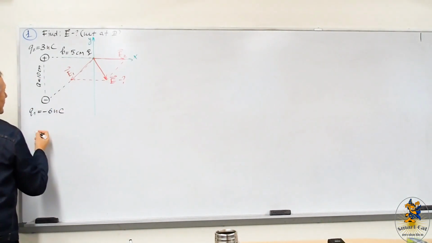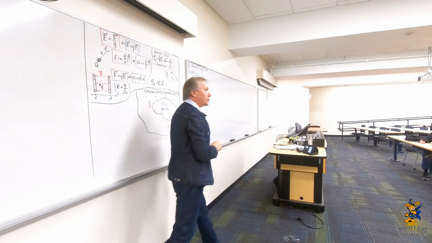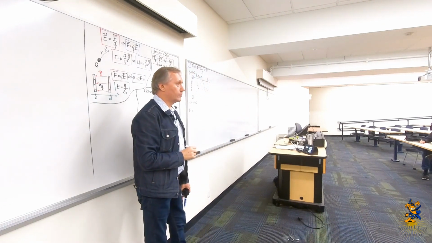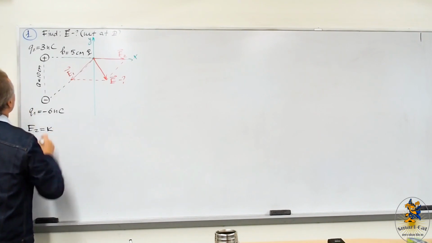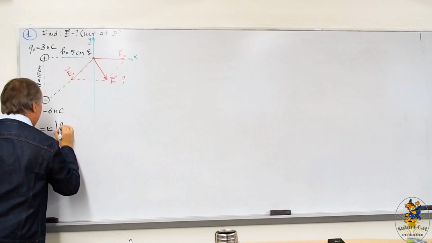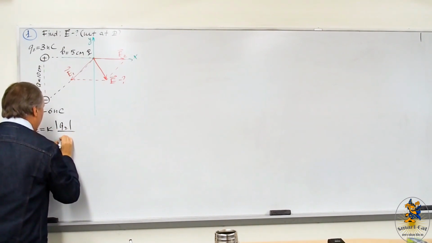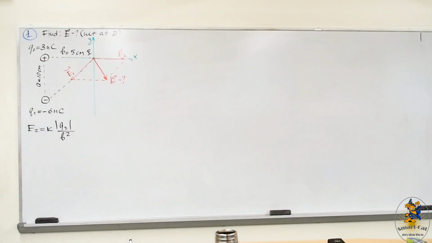Let me start with this E2 because it's easier. E2, again, it's a magnitude. You see, I didn't put a vector sign on top. It's a magnitude. So, E2 is the absolute value of Q2 divided by the distance from the charge to the point in question. You can ask why I put an absolute value sign.